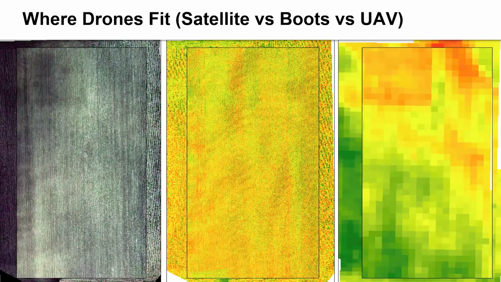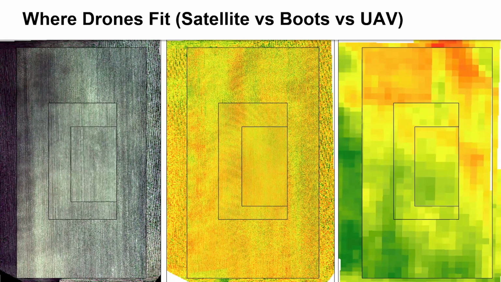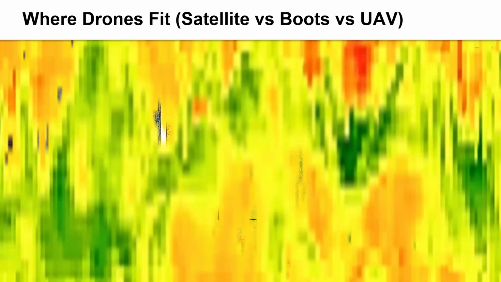If you look at the pixel size, which I showed you in the last slide, with satellite imagery we could see just one color, whereas with drone imagery, if we go with very high resolution, we can see half an inch.